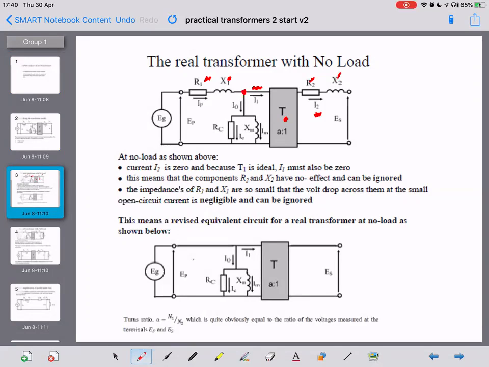So we can take them out of the circuit as well, and we've done so in the diagram at the bottom. So we've got a revised equivalent circuit for a real transformer at no load, as shown below. As to what we looked at initially for the open circuit transformer, where we didn't consider the R1 and X1 anyway, we just considered these three components here.